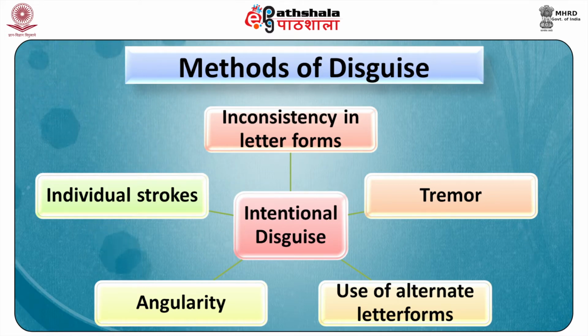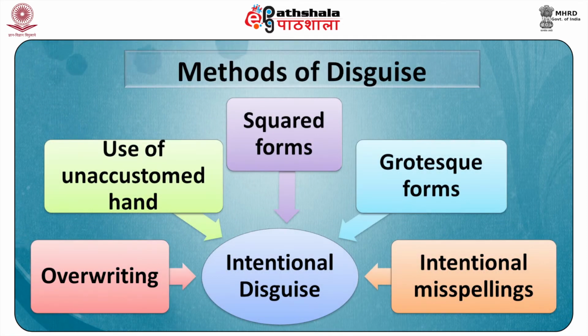Inconsistency in letter forms, tremors, poor line quality, use of alternate letter forms normally not used by the writer, angularity of letter formations, numerous individual strokes, stick printing, the overwriting of letters, use of the unaccustomed hand, use of squared forms, use of grotesque forms, and intentional misspellings are characteristics commonly associated with intentional disguise.